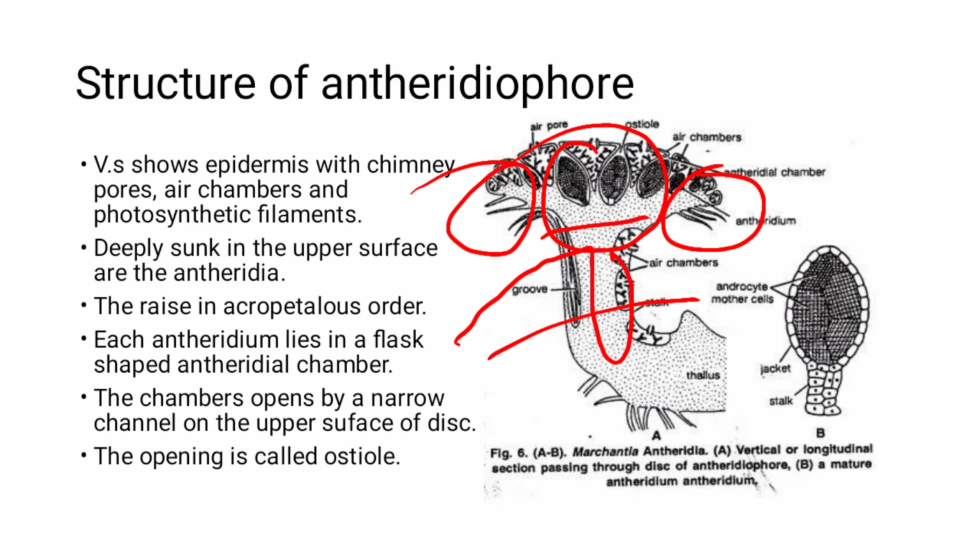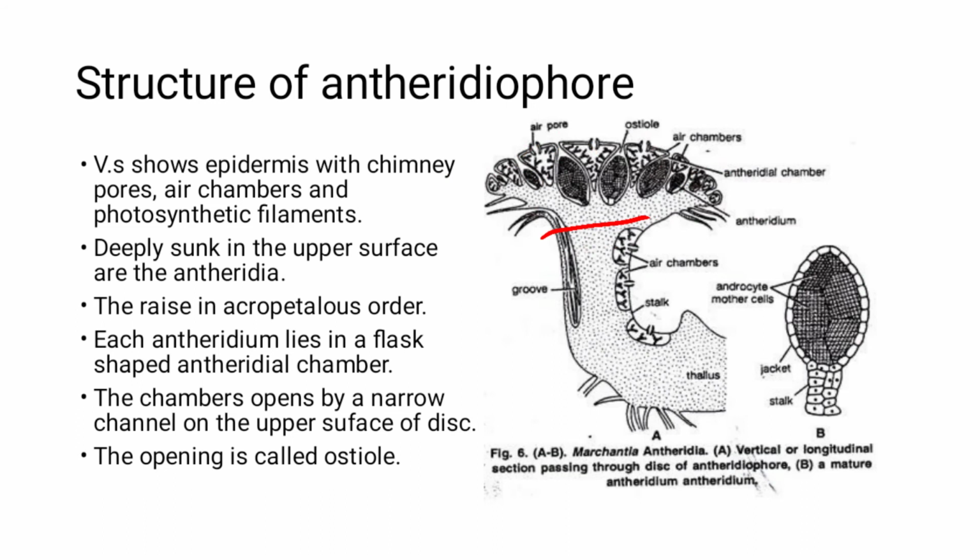This type of arrangement is called acropetalous order of arrangement. So the younger immature antheridia are developed on the surface and at the sides, and the mature ones are in the center. This type of arrangement is called acropetalous arrangement of antheridium.